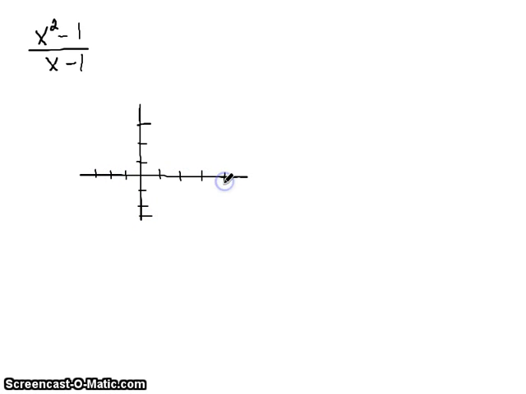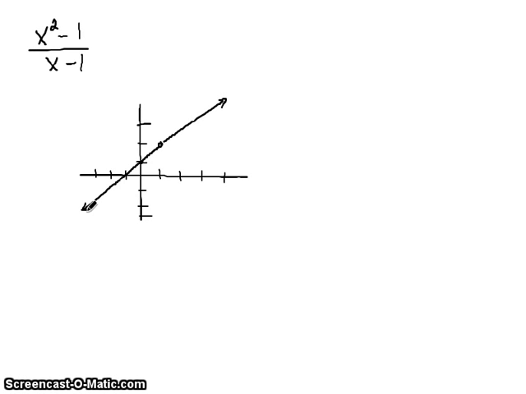So you can factor out the top, cancel out your denominator, and you're going to get your graph that looks like this. It looks like the graph of x plus 1, except there's a hole at x equals 1. So there's our graph of our function.